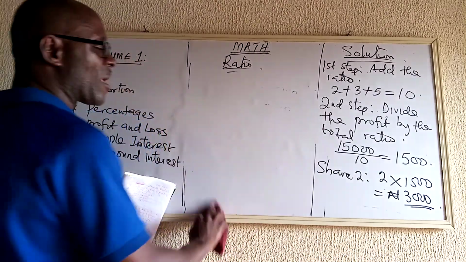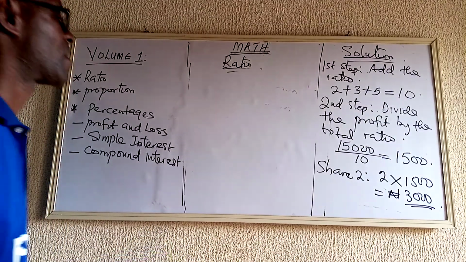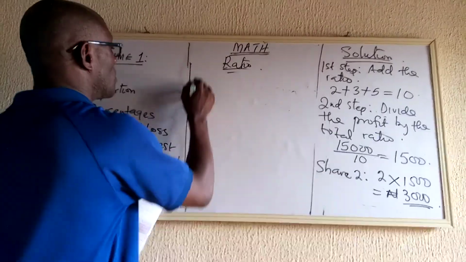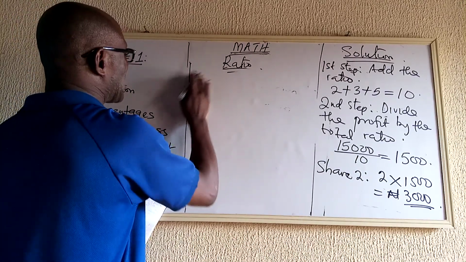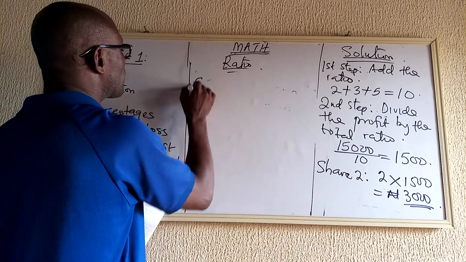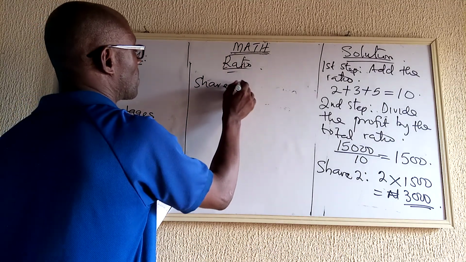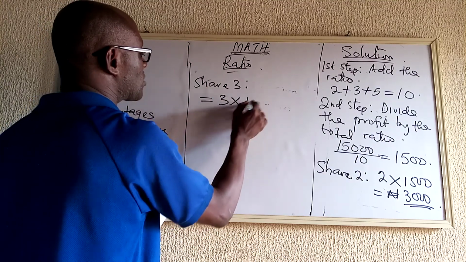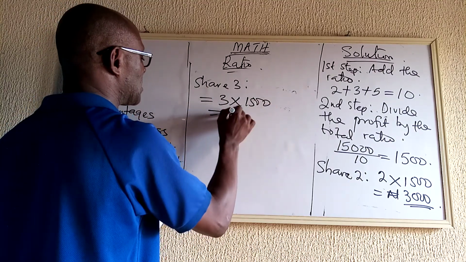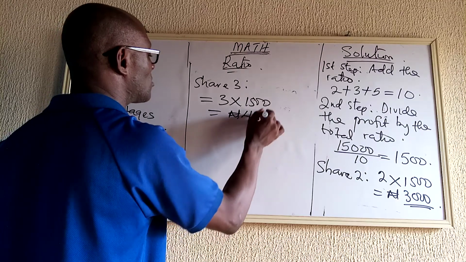The investor with share of ratio 3, we get 3 times 1,500. That will be 4,500.